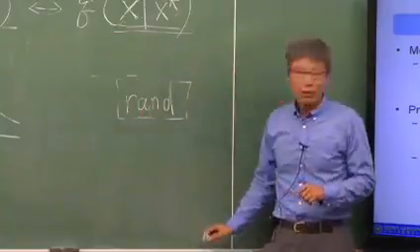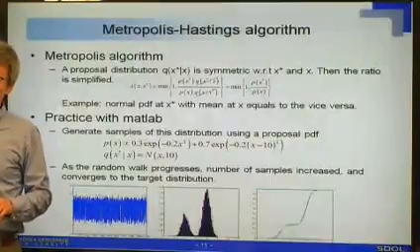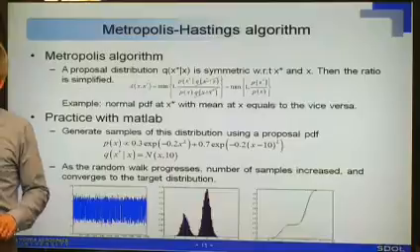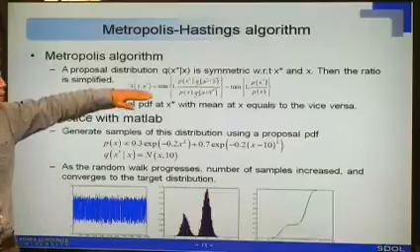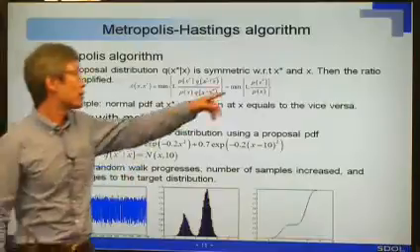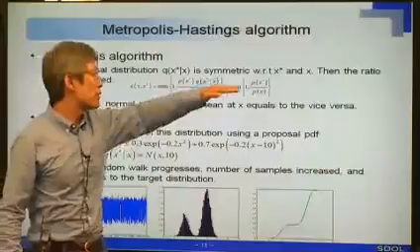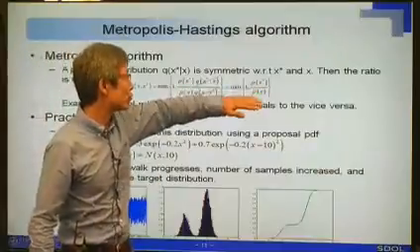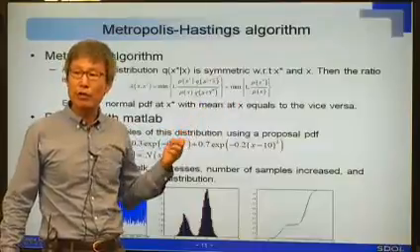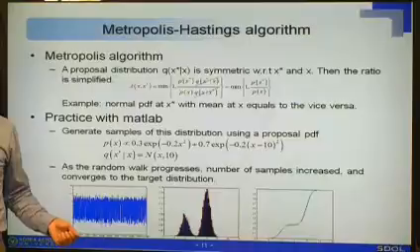If the ratio is greater than this random value, we take that; if it is smaller, we don't take that. That means if the p-value of the new point is small compared to the old x, it is not likely that we take that sample.